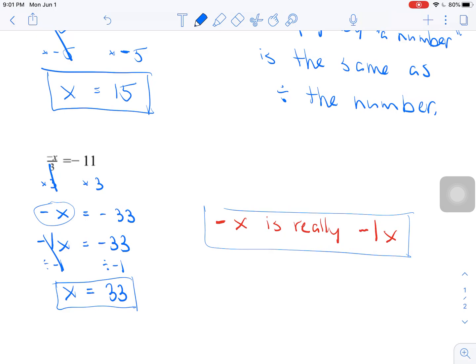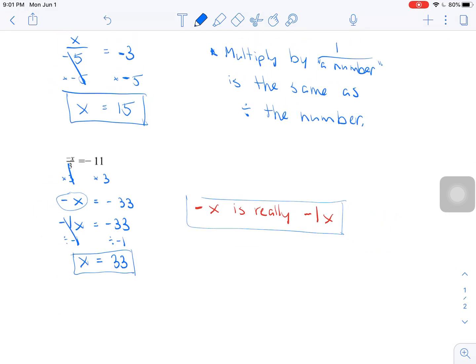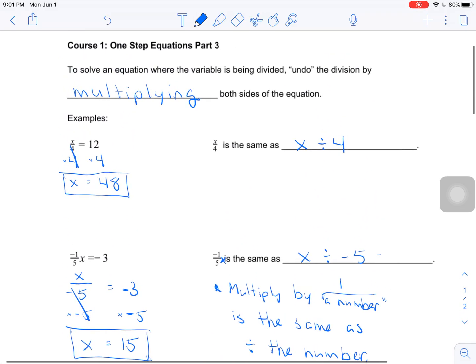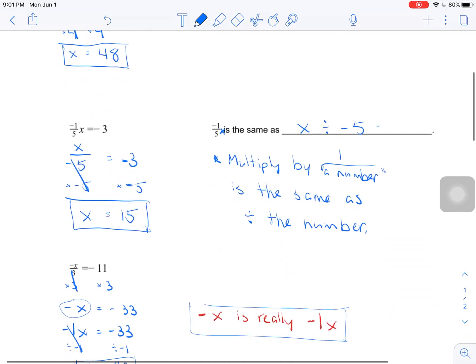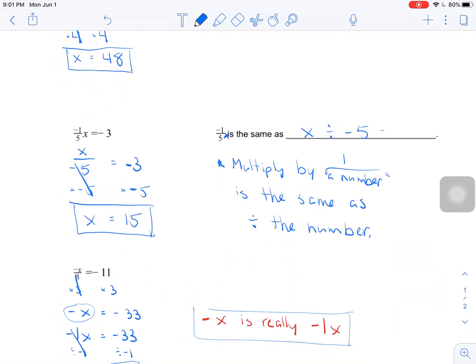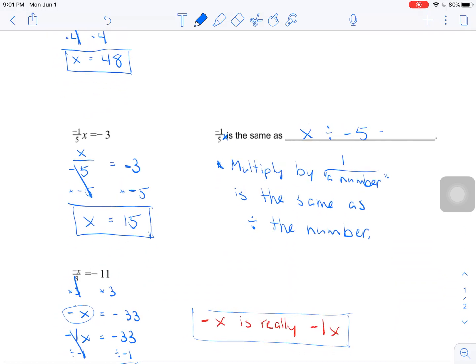That would be our final answer. So what you're going to do is practice some dividing equations today. So your assignment is going to have a mix of different problems, like the ones we're looking at. You'll have some like our first example that are just straight undo the division. You'll have some that are division problems, but they're written in fraction form, and you have to rewrite it to figure out, what am I actually dividing?